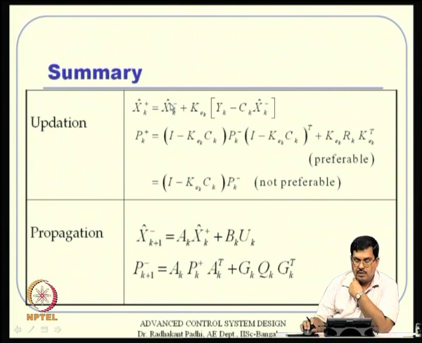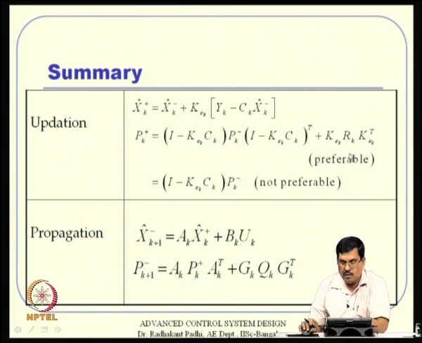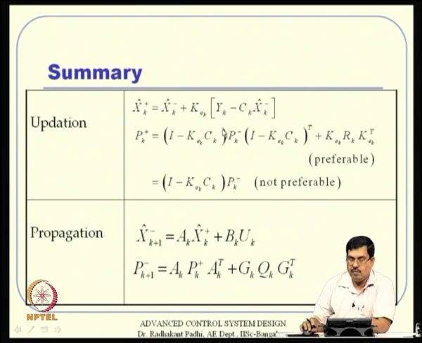After I get a measurement, I will update the state vector. It is my propagated thing, the prediction part, plus the correction term coming from the measurement multiplied with the Kalman gain. Then the error covariance matrix can be propagated this way or that way, but this is preferable. So we propagate that way and get ready for the next time step.